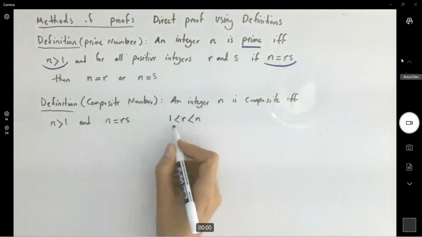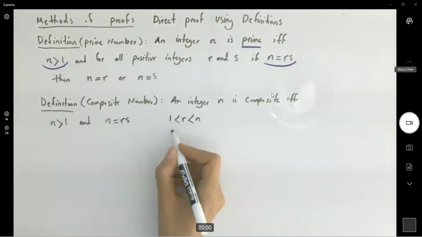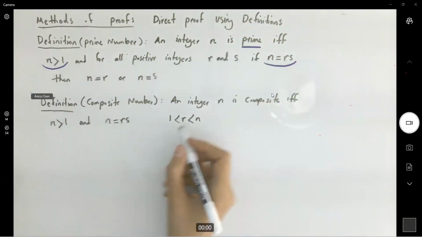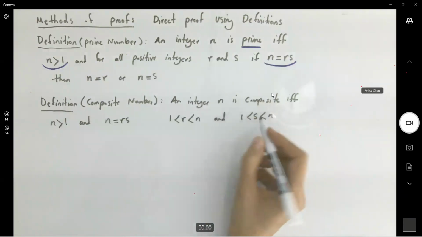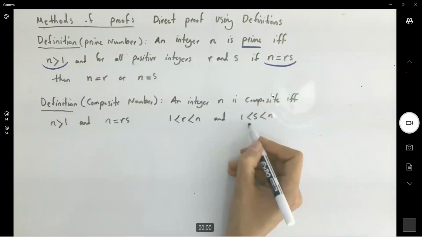There is no way R is equal to 1. Also, S is bounded between 1 and n. There is no way that S is equal to 1 as well.